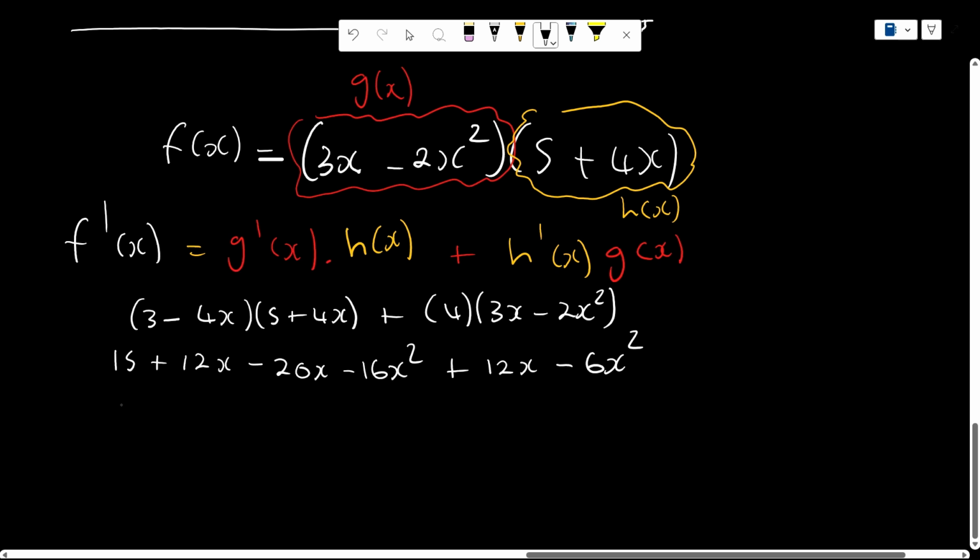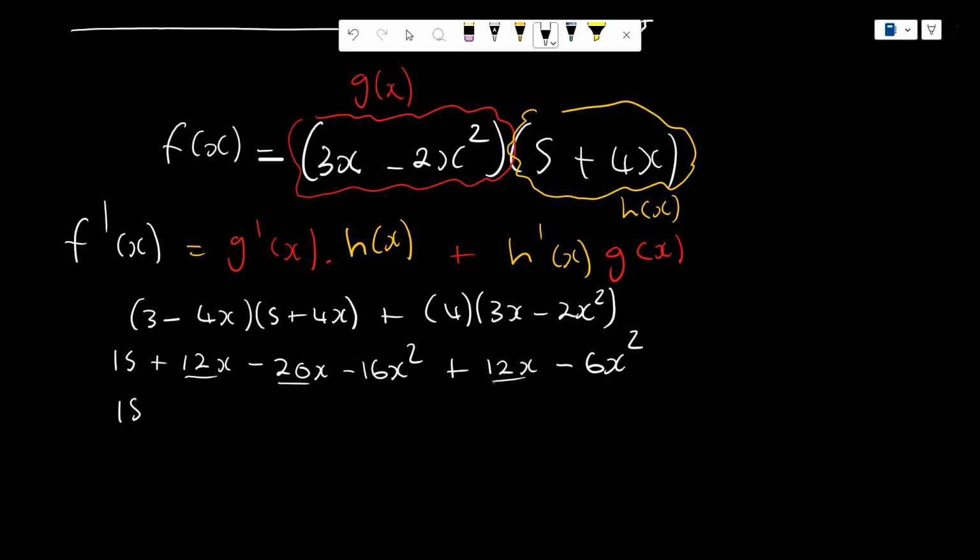Okay, adding the like terms, we have 15, we have 12x minus 20x, that is minus 8, plus 12, so minus 8 plus 12, that is, do the math, you get 4, right?